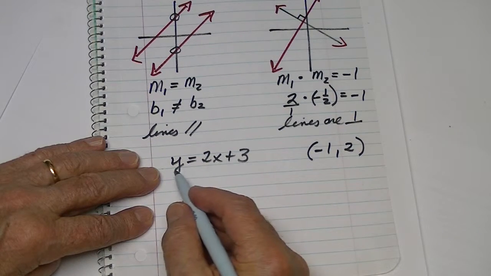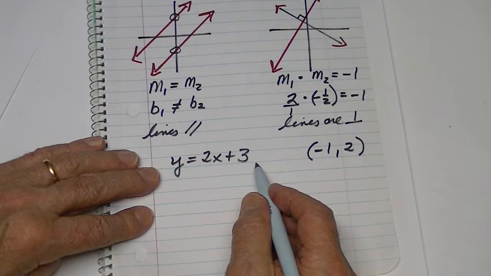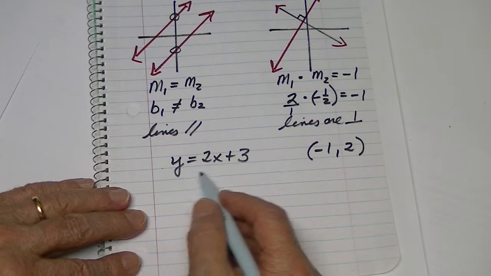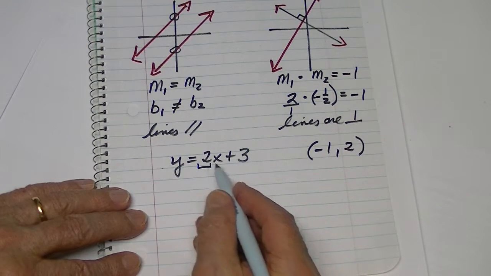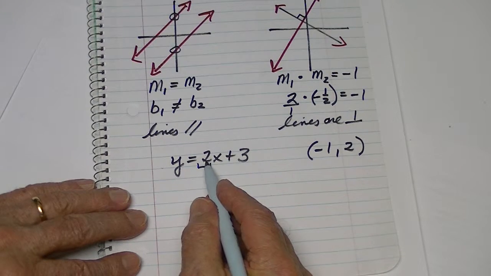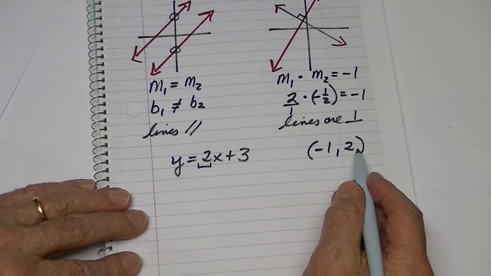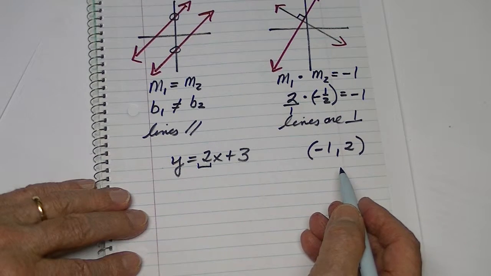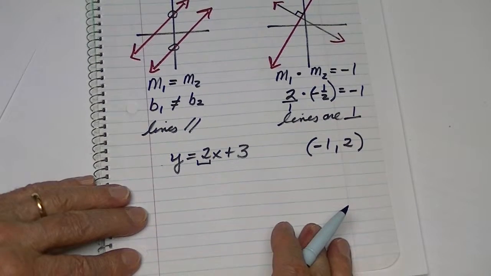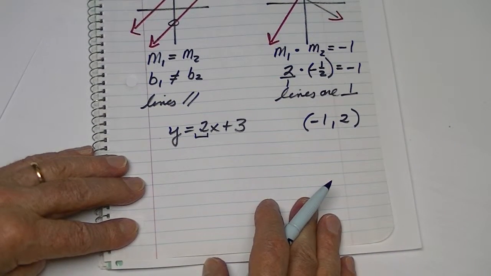How would we find the new equation? Well, we would look at what our slope is. Our slope is 2, and we have this new point. So we would use the point slope formula that we talked about in other films to review.